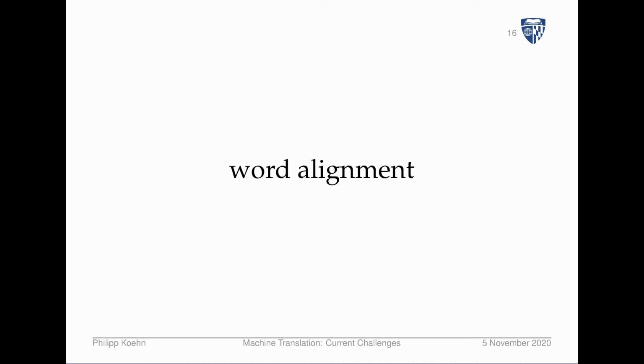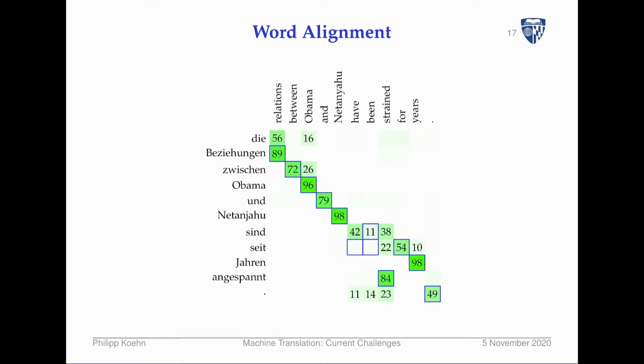Let's move to another problem, which is word alignment. So we already looked at this in the previous lecture, and we're actually going to look at it again in the next lecture. This is the attention mechanism, and it compares here in blue.